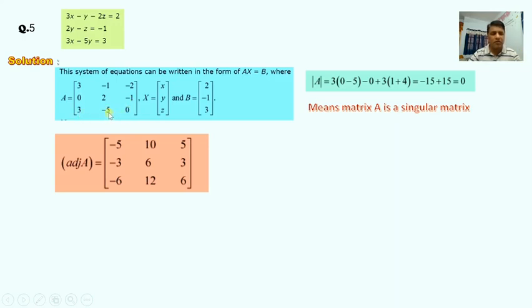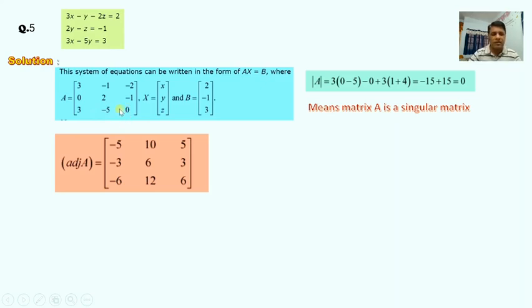Then taking all the cofactors with their sign, that means this is 1 1, so minus 1 to the power 1 plus 1, 1 2, minus 1 to the power 1 plus 2 is 3, so a negative sign will come here. Here it will be 1 3, so positive, 2 1 negative, 2 2 positive, 2 3 negative. Here, third row and the first column, 3 1 positive, 3 2 negative, and 3 3 positive.